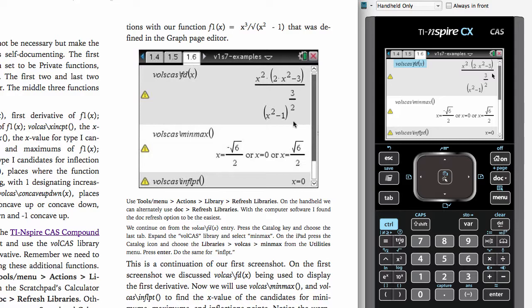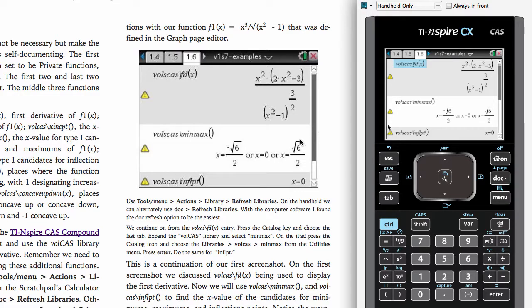Here we have the information being shown on our calculator, and this is the same information shown over here. Notice the various warnings. So you're again going to have to deal with these warnings. Let's go over here and take a look at these warnings.